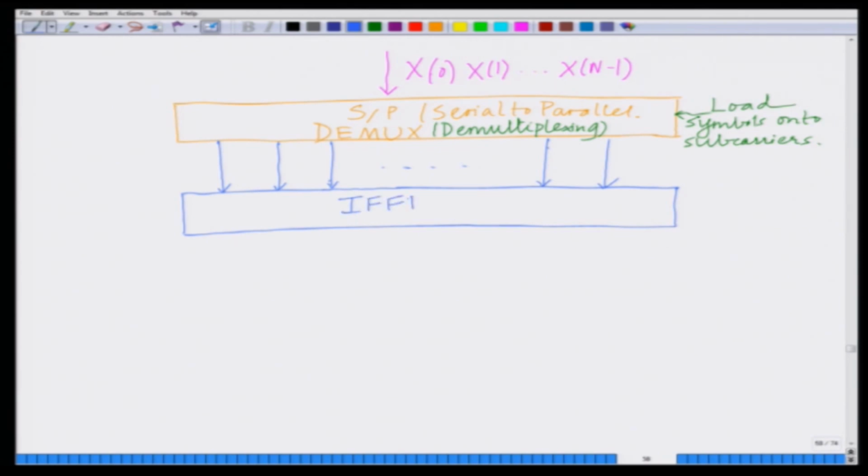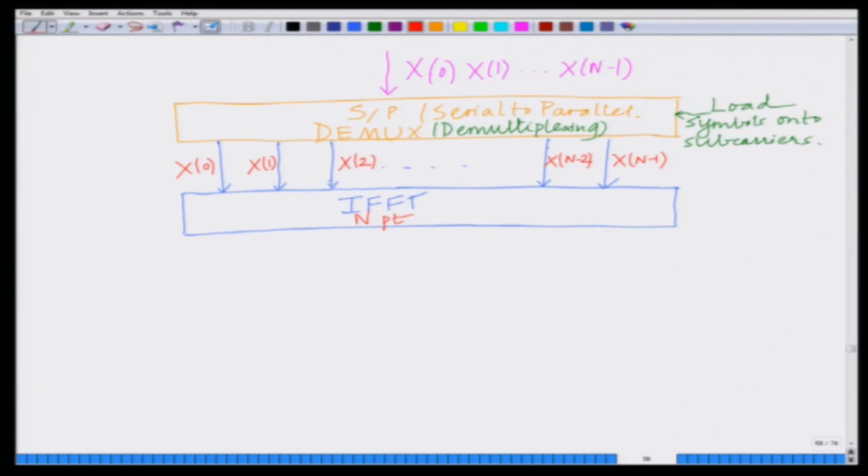Then I am going to take the IFFT of these symbols. So, this is an N point IFFT of the symbols X0, X1, X2, up to XN minus 2, XN minus 1.